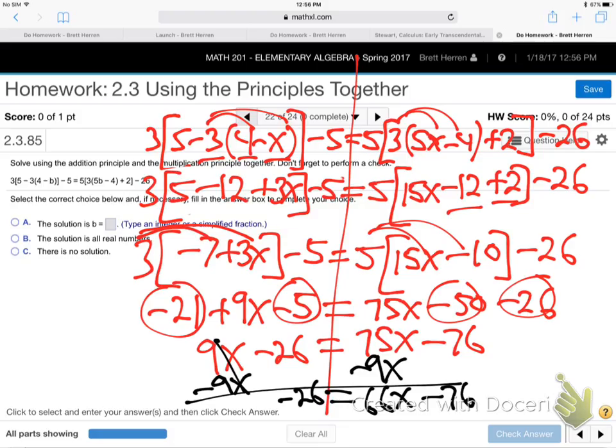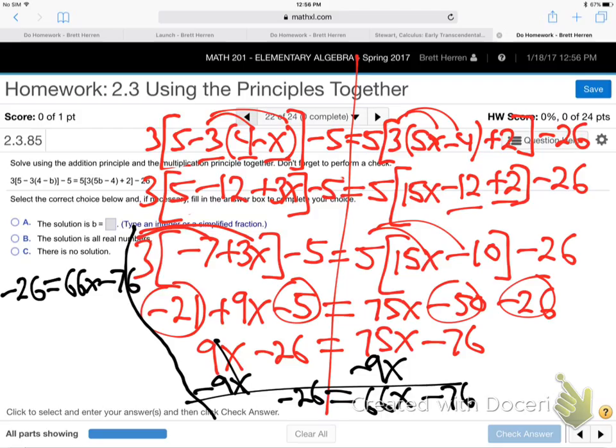Kind of running out of room. We good to there? Have to squeeze it in maybe over here. Minus 26 is 66x minus 76.